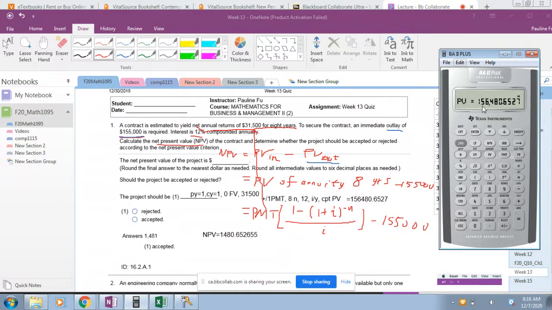Okay, and you get this number. And then you use this number minus 155,000. And you get net present value 1,408.65. If the question asks you to round to the nearest dollar, it is $1,409.